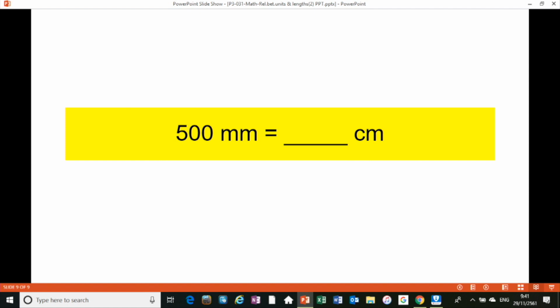And the last one for the slide, 500 millimeters. Remember, 10 millimeters, 1 centimeter. So 500 millimeters, 50 centimeters. Excellent, Prel. Actually, we did this one on the board. Pak Boom, you did this one on the board, remember? Yes.